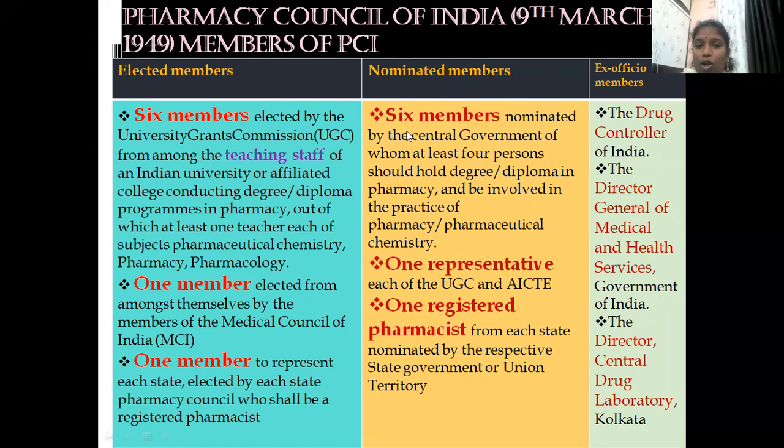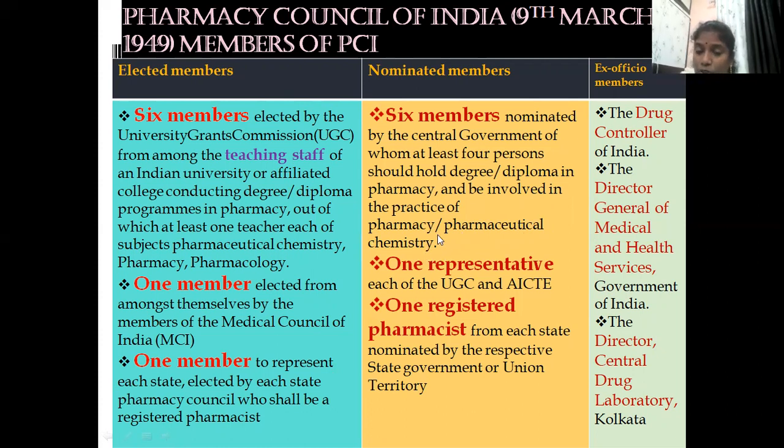And next, coming to the nominated members: 6 members nominated by the central government, of whom at least 4 persons should have a diploma or degree in the practice of pharmacy or pharmaceutical chemistry.